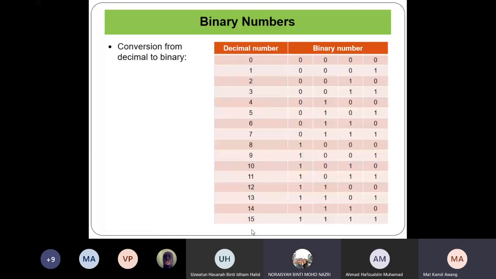If you want to represent 16, how many bits do you need? Yes, you need 5 bits of binary number to represent 16 in decimal. Clear?